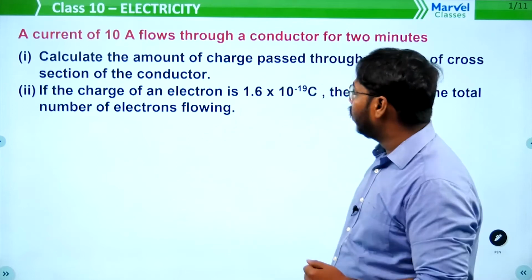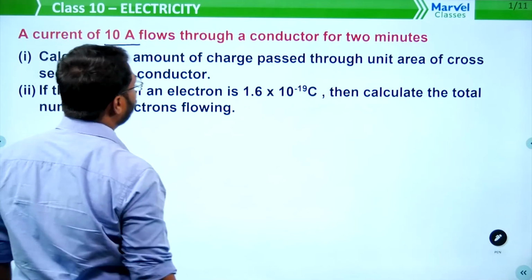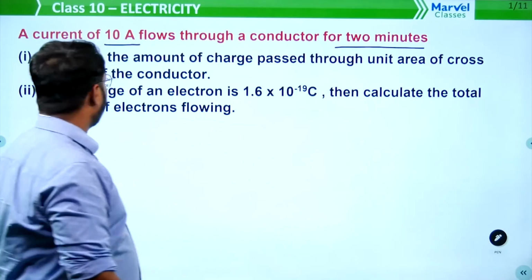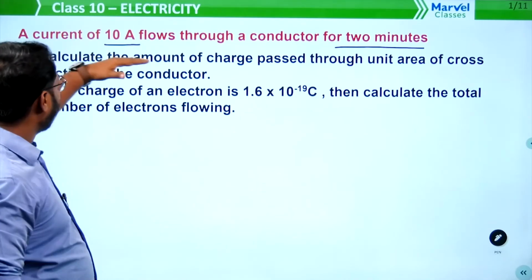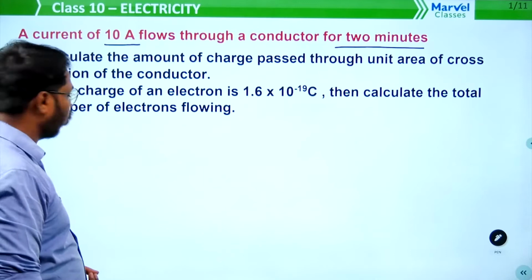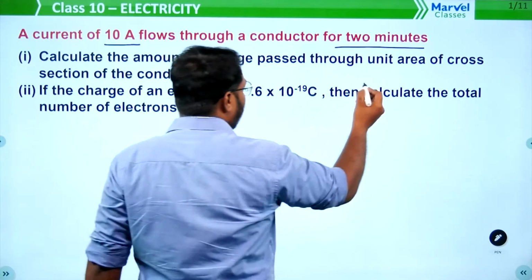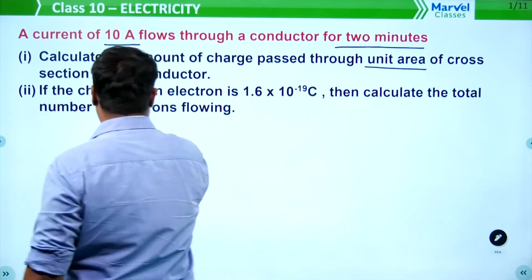The first question goes like this: a current of 10 ampere flows through a conductor for 2 minutes. Calculate the amount of charge passing through a unit area of cross section of the conductor.